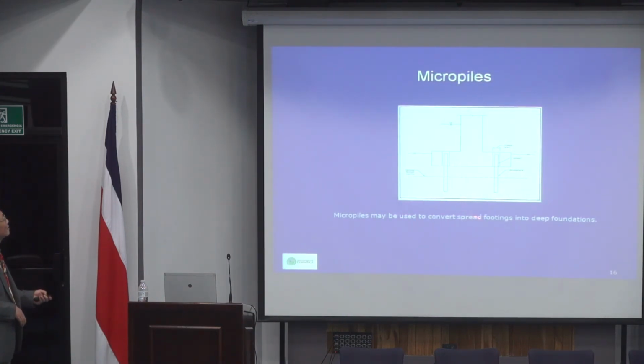And again, if you have a spread footing and there's scour, you can provide protection, or you may simply say, okay, let's just build a deep foundation. Once I have a deep foundation, even if I have a little bit of undermining in the future, if the soil all washes away to here, I will still be stable.